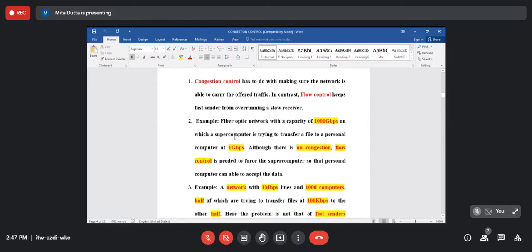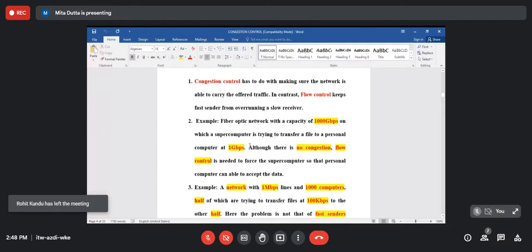If a computer is trying to transfer a file to a personal computer, the processor at the sending end is able to send data at 100 gigabit per second, and the network also has the capability of carrying data at 100 gigabit per second.